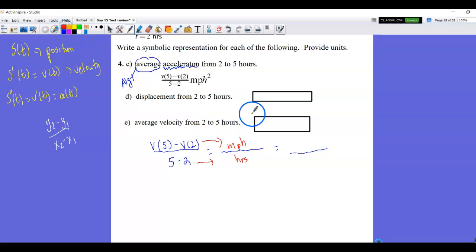So really, this is miles per hour divided by hour over 1. If we multiply by the reciprocal, we get miles per hour times 1 over hours, which is miles per hour squared. That confirms that we have the acceleration, because miles per hour squared are the units of acceleration.